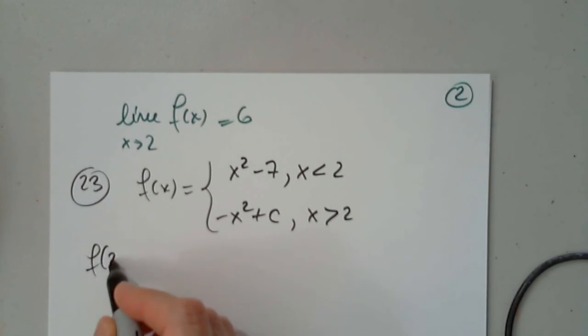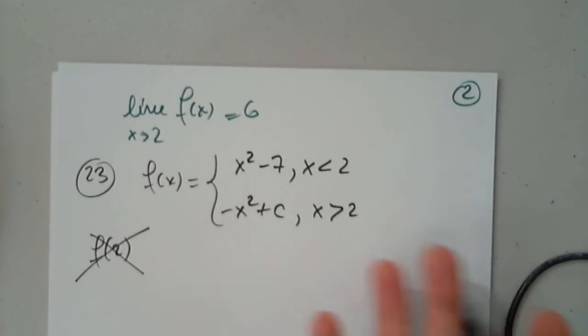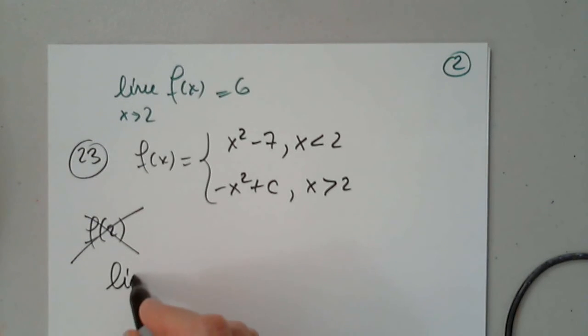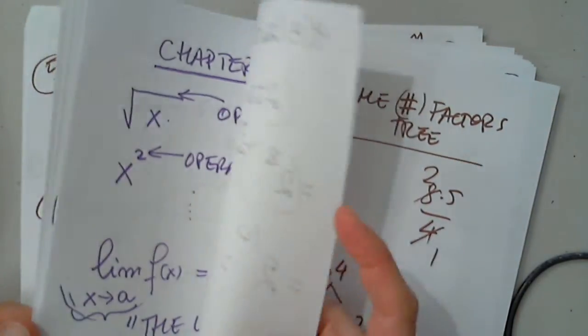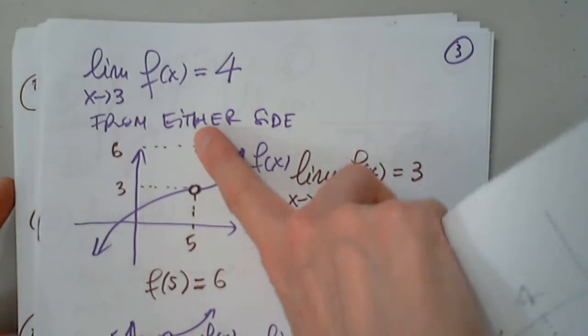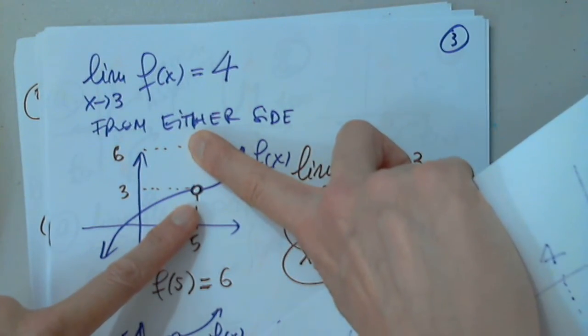You're not allowed to find f of 2. It doesn't exist. You can't plug it in. But when we talked about the limit, we said that the function doesn't have to be defined there. And the function is not defined there. So we had a situation in which the function, without this point, is not even defined there.